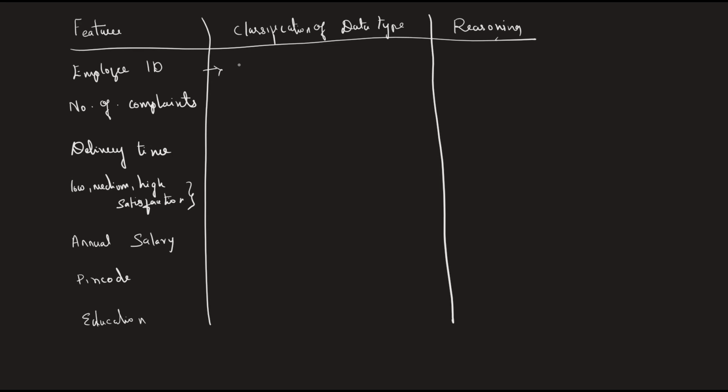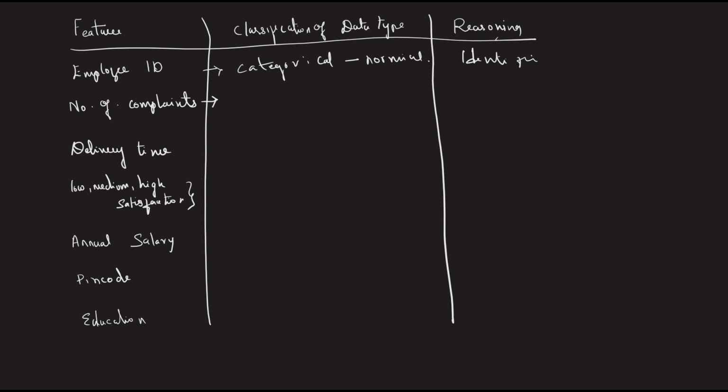No, it can be neither counted nor measured, first of all. They are all identifications of a person, so they are identifiers, or actually labels. So employee ID is a categorical variable, and does it have an order? No, it does not have an order, so it is nominal, because it is an identifier.